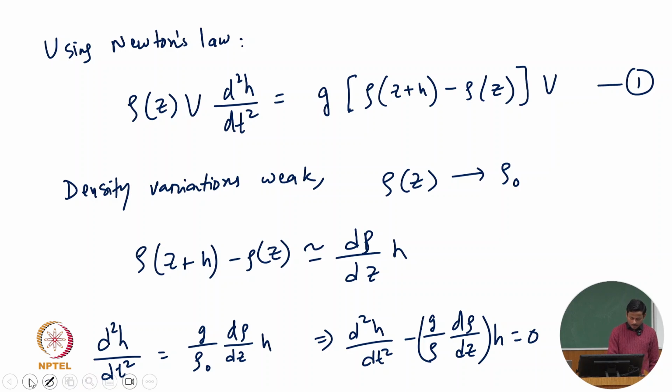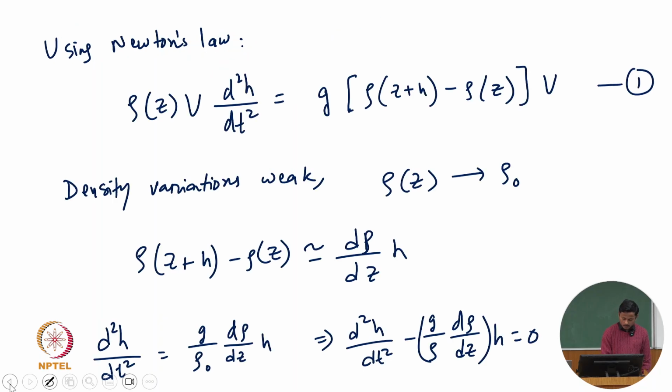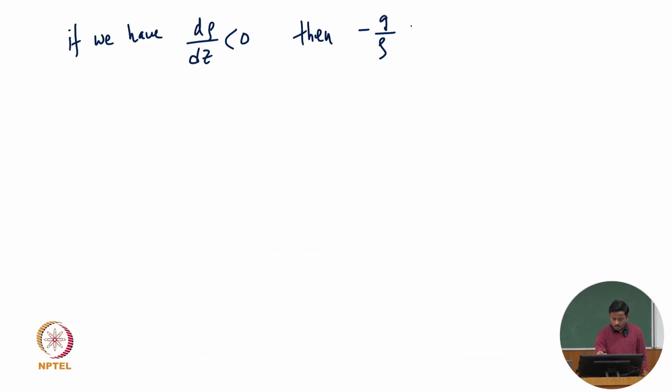Now if we have dρ/dz less than 0, that is higher density below, which is the situation that we start with, then minus g/ρ₀ dρ/dz is greater than 0.